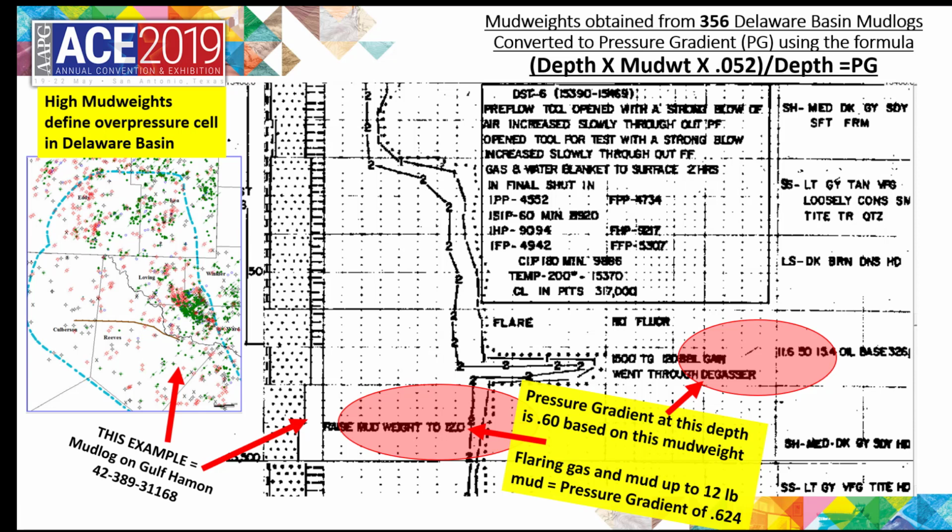So of the 356 mud logs that I looked at and graphed, essentially a depth versus mud weight for each one, I'm able to draw the overpressure from that mud weight. 113 of those wells had mud logs that were balanced.